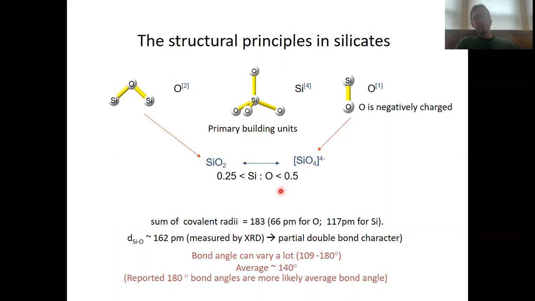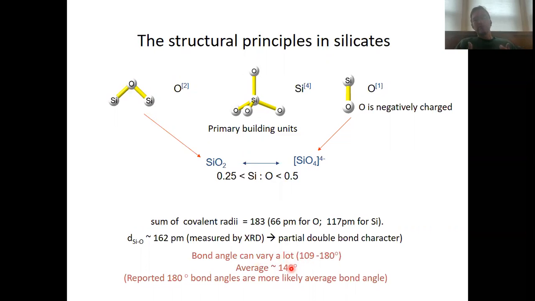Another important factor to consider is that the silicon-oxygen-silicon bond angle can vary a lot. It can vary between about 109 degrees, which is the ideal tetrahedral angle, and 180 degrees. The average bond angle is about 140 degrees.